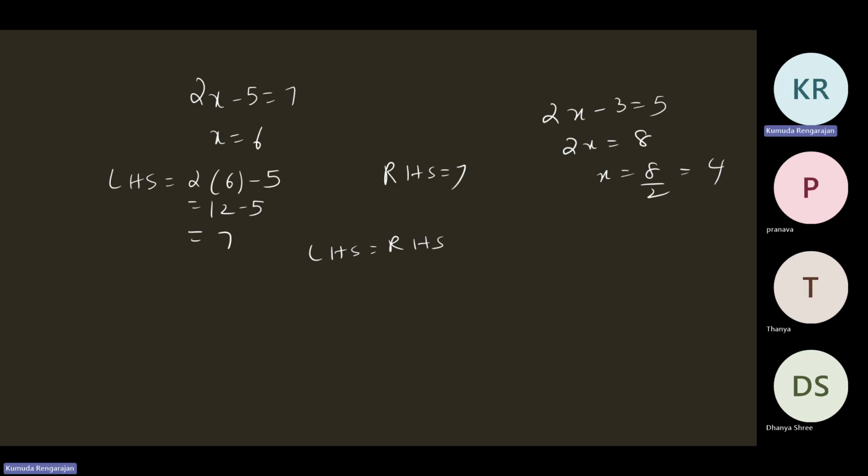So the assertion statement is about the solution of an equation, which you have understood. Reason is the solution of the equation x plus 3 is equal to 0 is 3. Is that true or false? False. Because what is the solution? x is equal to minus 3, not 3.